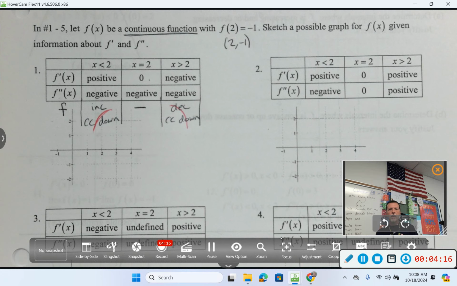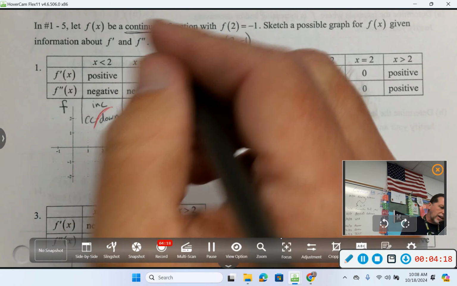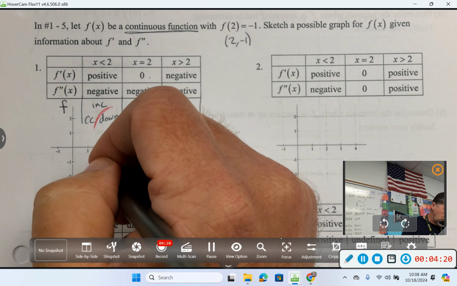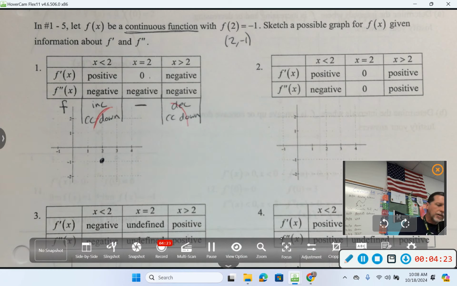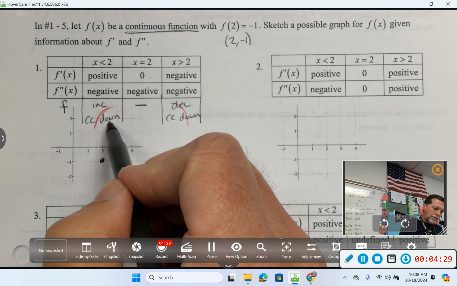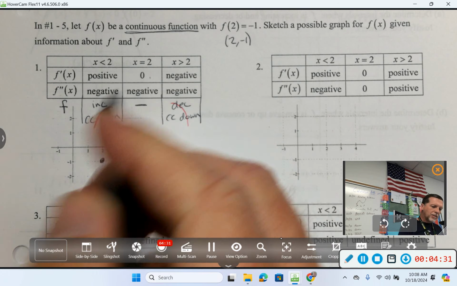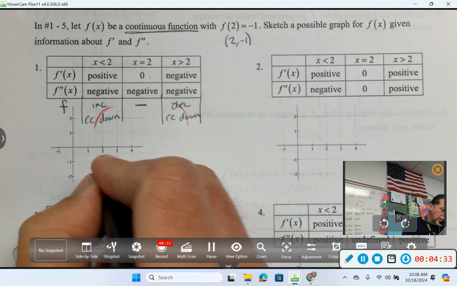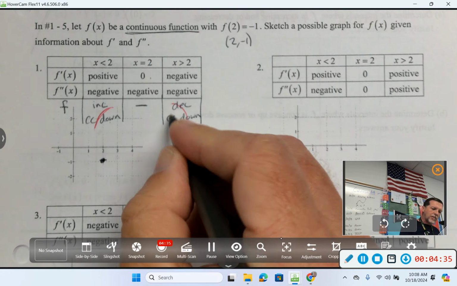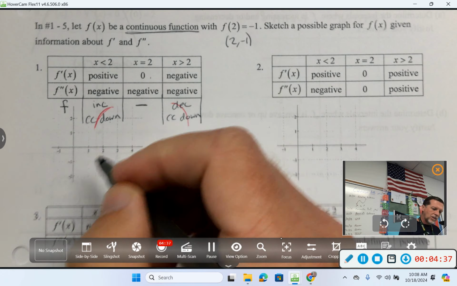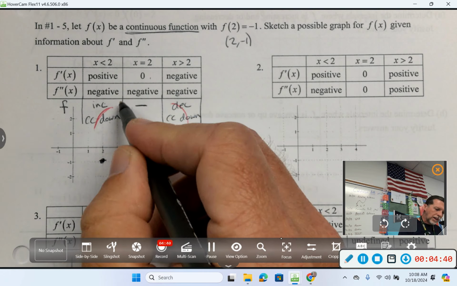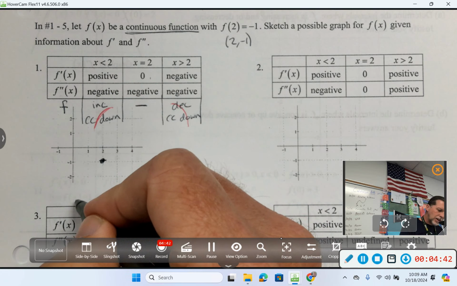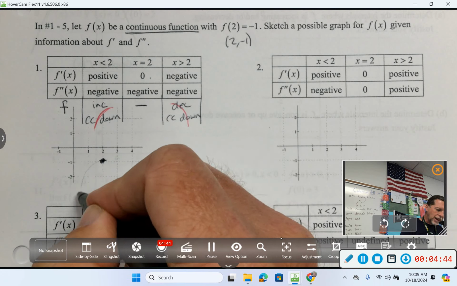Okay. The point. I should probably start with that. f of 2 is negative 1, so (2, negative 1) is on my graph. And left of 2, I need to increase and be concave down. When I get to 2, I'll be at a little bitty horizontal spot there. And then after that, I'll decrease and be concave down. So I guess one thing at a time here. Less than 2, you want to increase and be concave down.